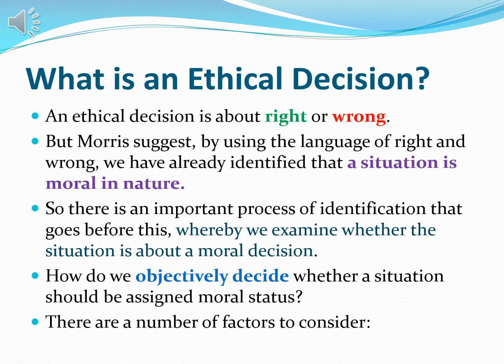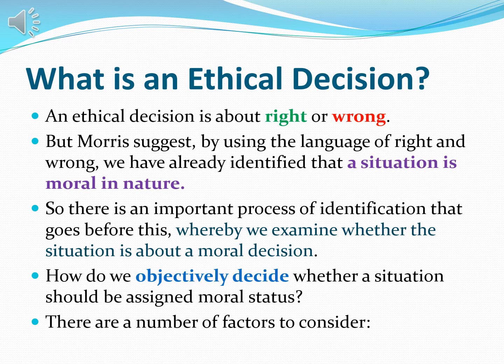Before discussing the descriptive theories of ethics, let's first see what an ethical decision is. An ethical decision is about right or wrong. We already know that we have to make decisions about some issue, whether it is right or wrong ethically.